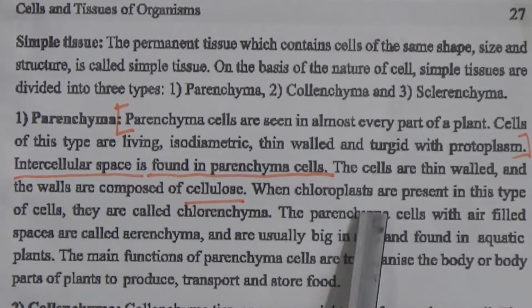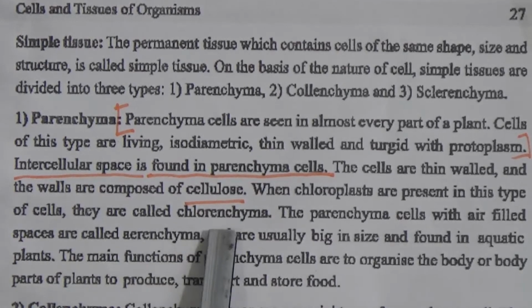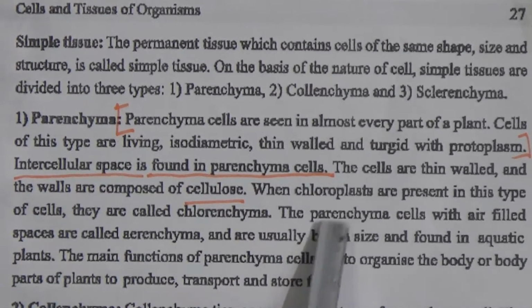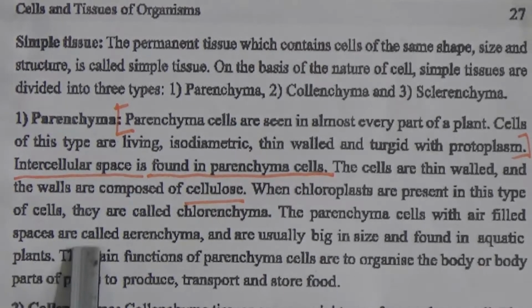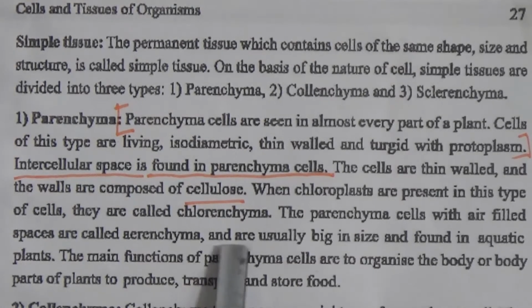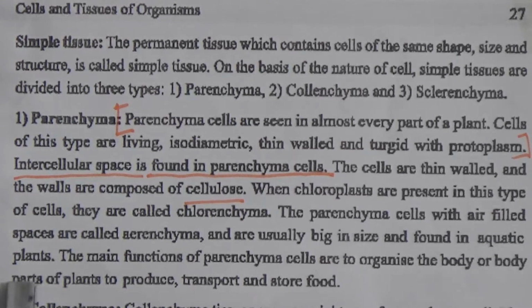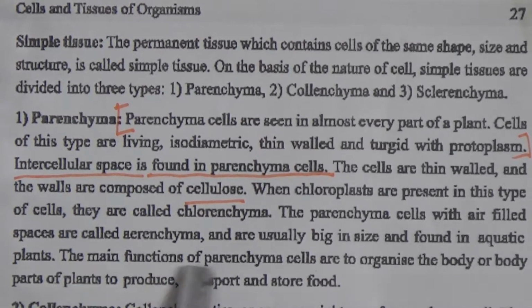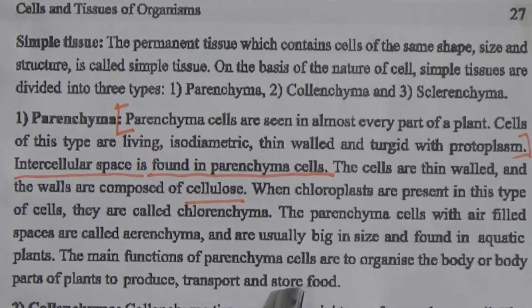When chloroplasts are present in this type of cell, they are called chlorenchyma, and parenchyma cells with air-filled space are called aerenchyma and are usually big in size and found in aquatic plants. The main functions of parenchyma cells are to organize the body or body parts of the plant, and to produce, transport and store food.